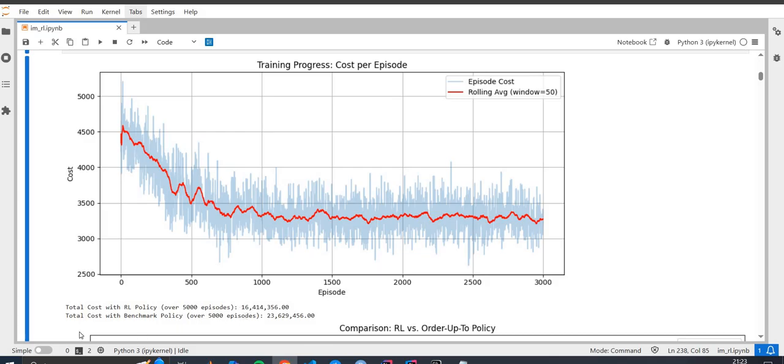On the other hand, the benchmark policy, the traditional order up to full capacity approach, results in a total cost of 23.6 million. That's a pretty significant difference. The RL policy is clearly making more efficient decisions, reducing unnecessary stock while avoiding shortages.